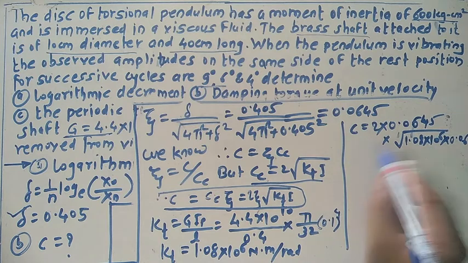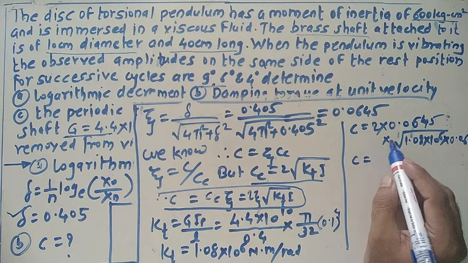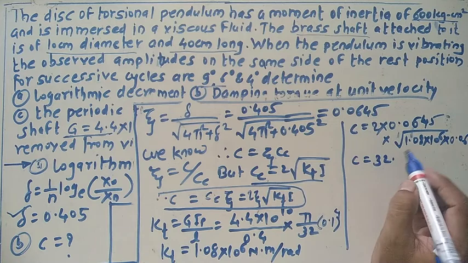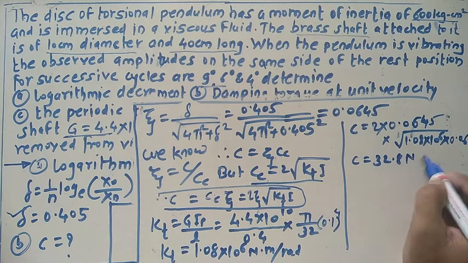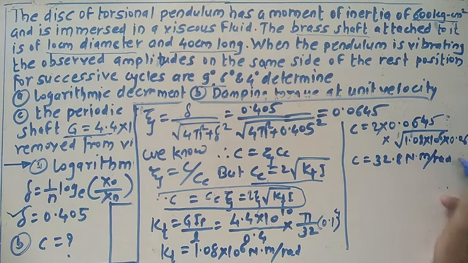After simplification, C equals 32.8 Newton meter per radian.